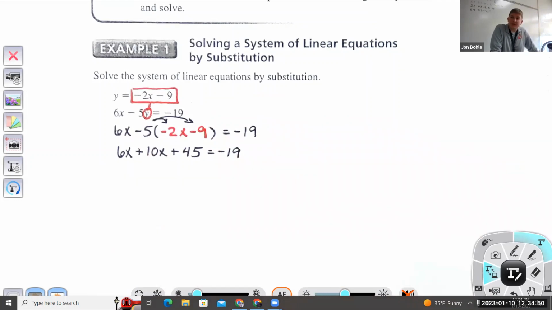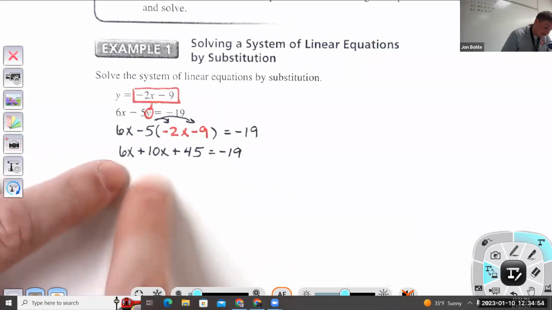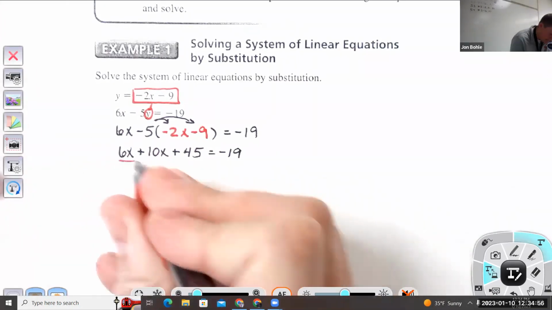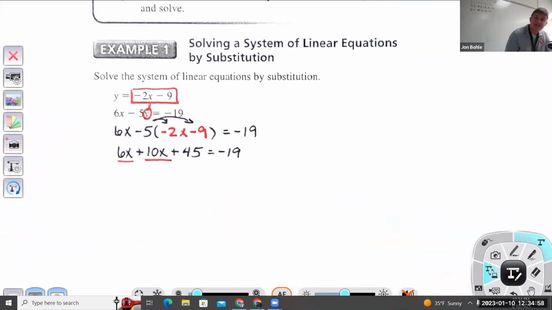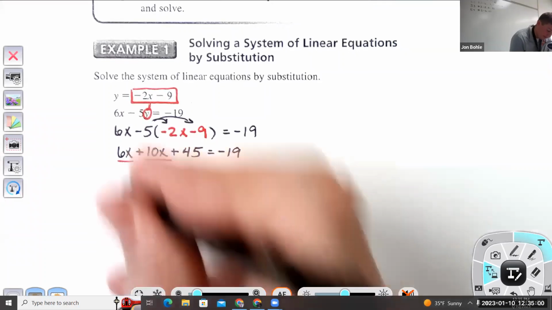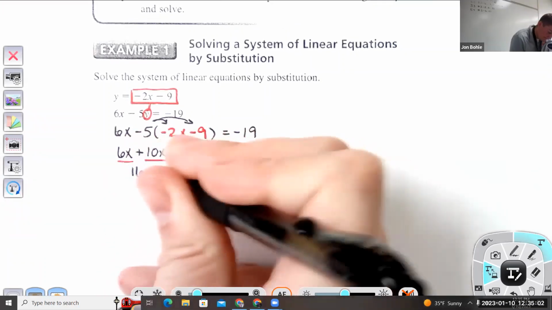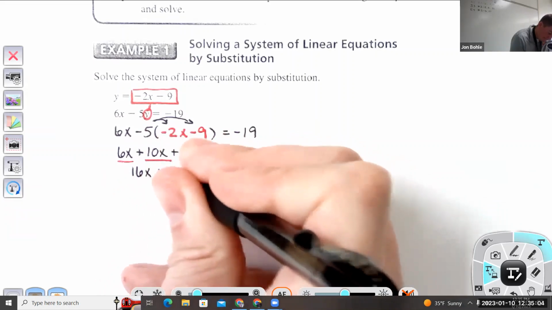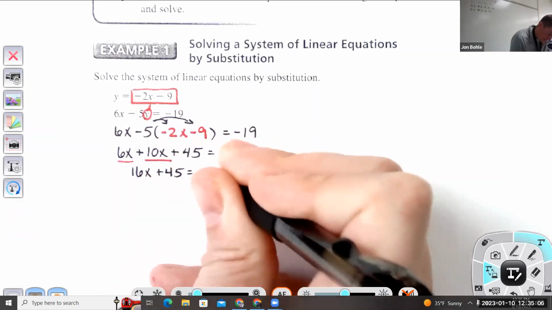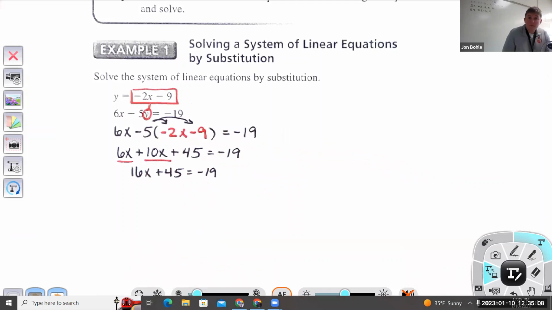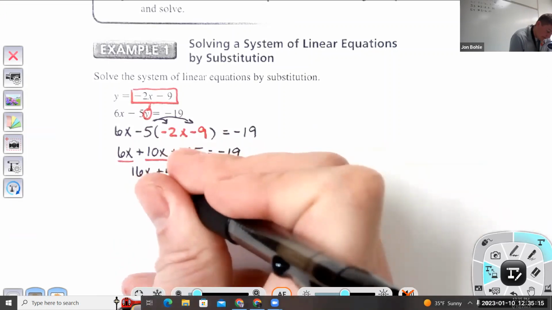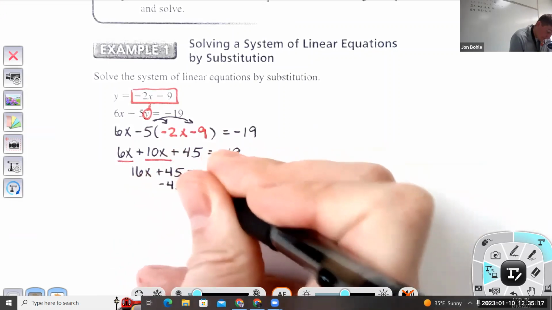Okay, what can I do at this point? Combine like terms. I have a 6x and a 10x. What do 6x and 10x combine to? 16x. How do I solve for x here? Minus 45.